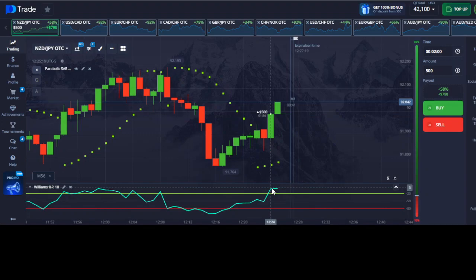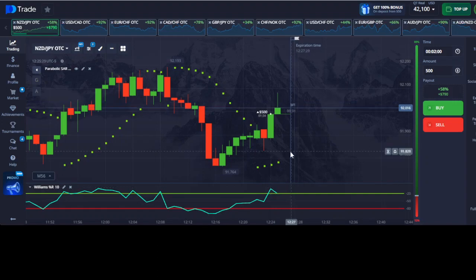In addition, we have four Parabolic SAR dots that printed below the candles, and this suggests a bullish push to the upside, bullish momentum for the price of the currency pair. We have 2 minutes for our expiry, so let's monitor this trade and wait for the expiry here.